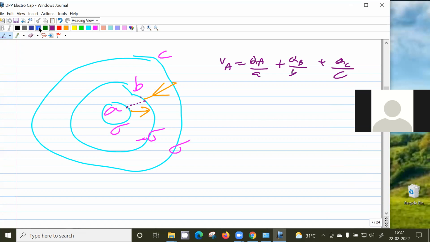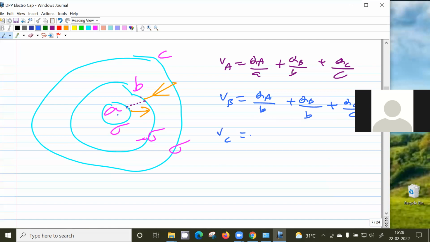Okay, similarly VB is QA by B plus QB by B and QC by C. At point B, the potential due to this inner one is as if the point charge is located here, and the distance is B, so it's QA by B. Due to the second shell, it's QB by B, and due to C, it is the same as the value on the surface.